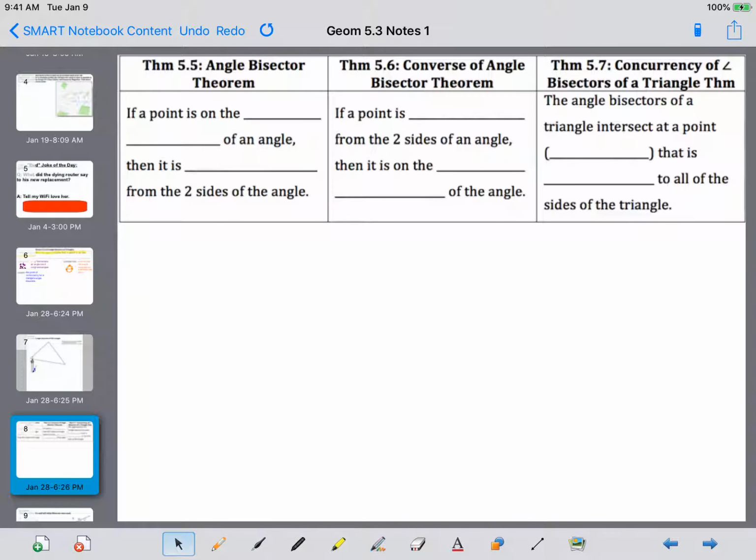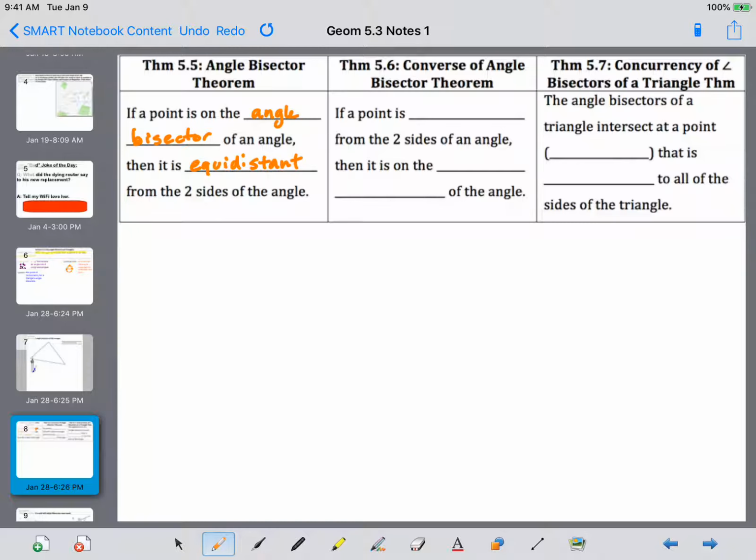After watching that video, you should have realized these 3 things. It's in these 3 theorems here. The first one is if a point is on the angle bisector of an angle, then it is equidistant from the 2 sides of the angle.